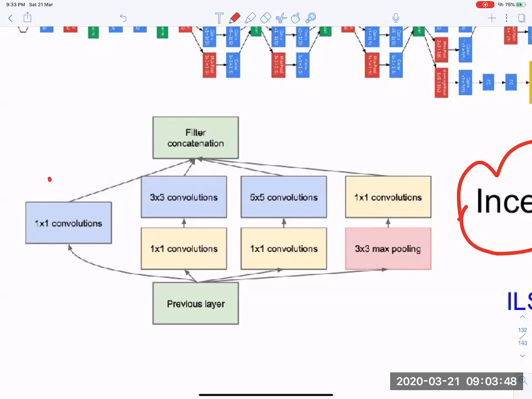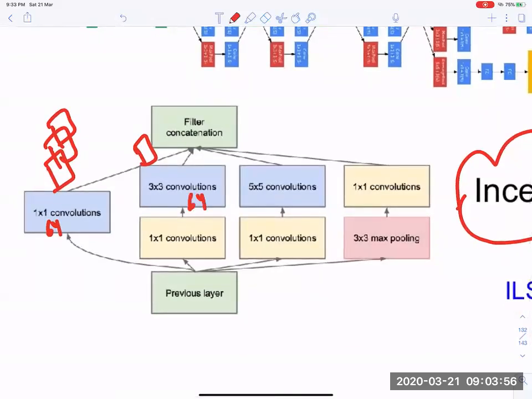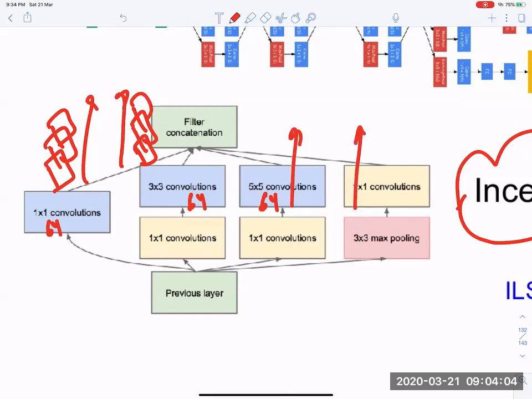You actually get output over here, you will get outputs over here, you are getting outputs over here. Suppose that here I have applied 64 filters, here also I have applied 64 filters and 64 filters. So you are going to get 64 outputs here, 64 outputs here, 64 outputs here, and 64 outputs here. And if I concatenate all of them, this is my 64 plus 64 plus 64 plus 64, that is actually 256.